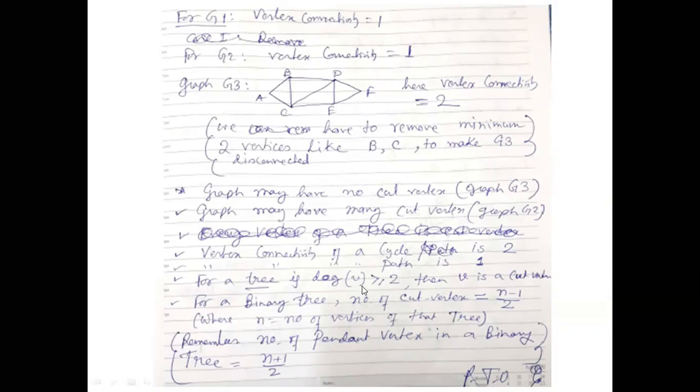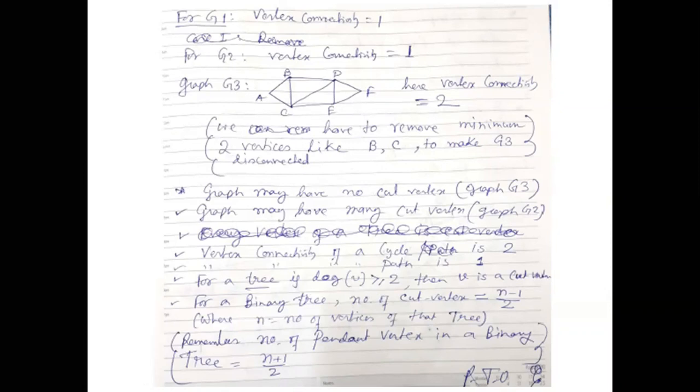Similarly, for a tree, if the degree of the vertex is greater than or equal to 2, then that vertex is a cut vertex. How? Let us think about the leaf of the tree, where the degree of the vertex is 1. If you remove a leaf, that does not imply the tree is disconnected.